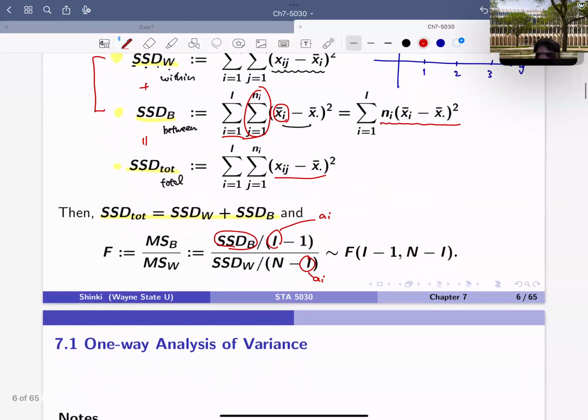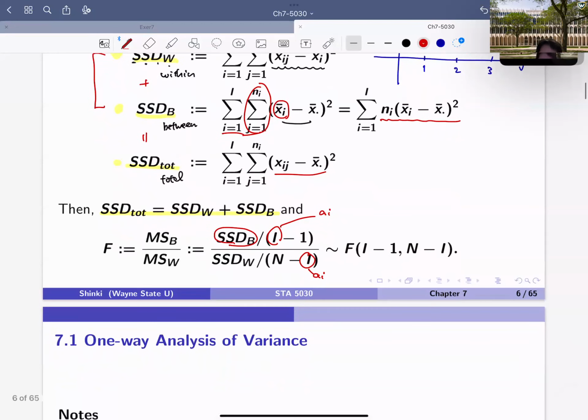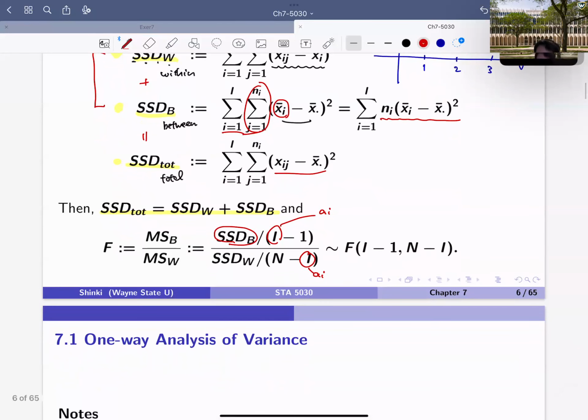After this kind of standardization, we can show that this quantity, SSDB over I minus 1 over SSDW over N minus I, follows the F distribution with degrees of freedom I minus 1 and N minus I.